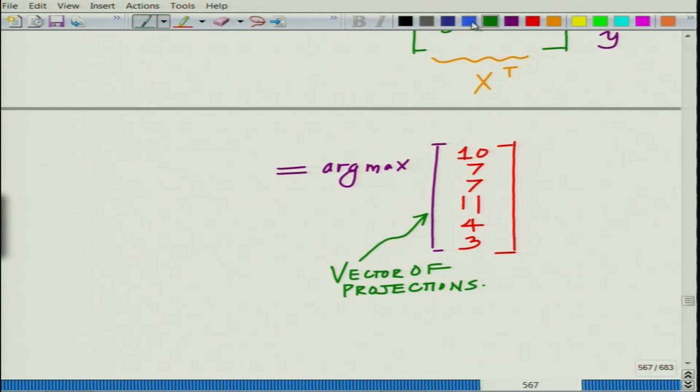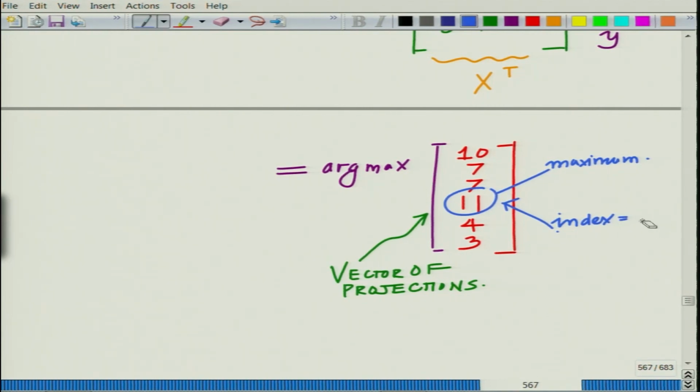And in this we take the maximum, and you can see this is basically the maximum, but we are not interested in the maximum value, we are interested in the index of this maximum value. So, I1, the index, remember, is equal to 4.